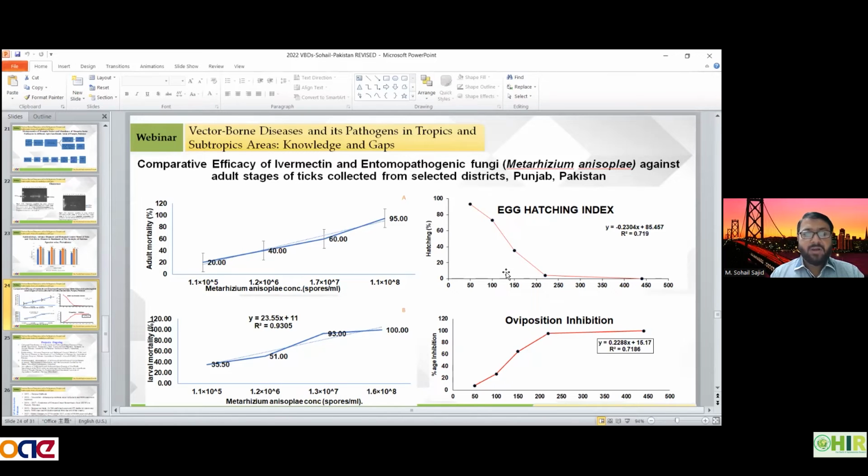I found that the egg hatching index, ovipositioning inhibition, and the death of adult ticks as well as larvae, based on these 4 parameters, showed this entomopathogenic fungi was working very well, at least at par with available acaricidal agents like ivermectin.